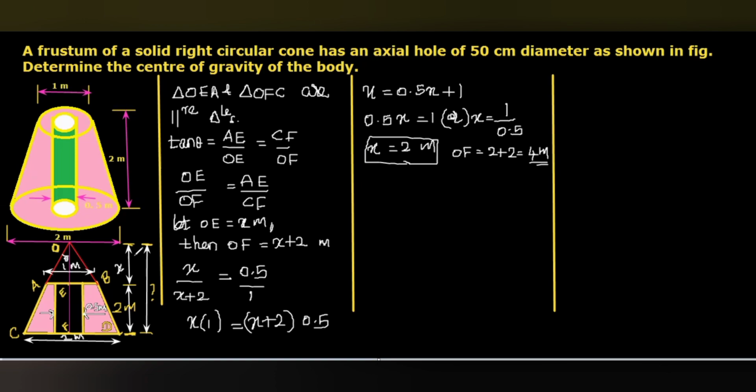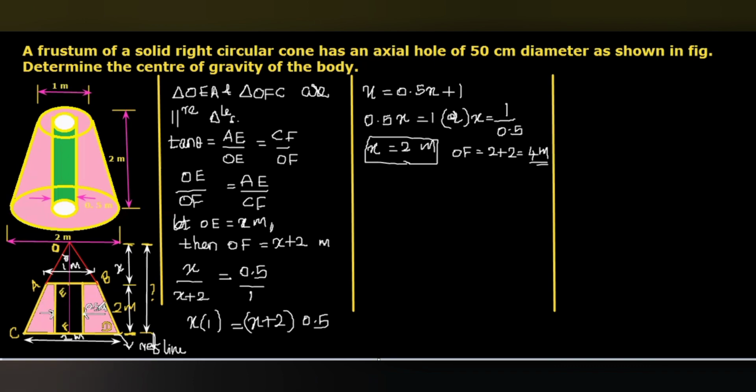Actually, guys, listen, this is symmetric about the vertical axis, so there is no need for x bar. We are going to calculate only y bar. The bottommost line will be the reference line. Okay, CD is the reference line. From the reference line, what is the distance of the center of gravity of this frustum of cone, the shaded portion only?